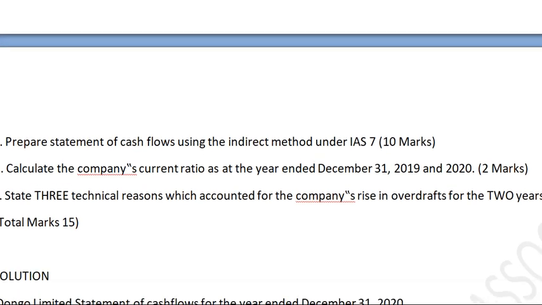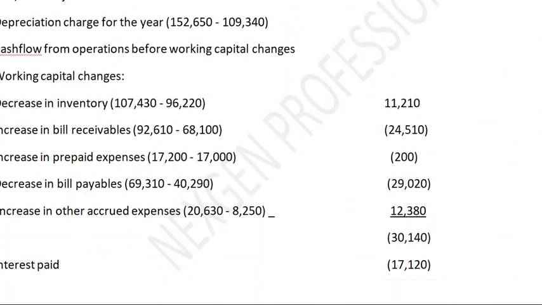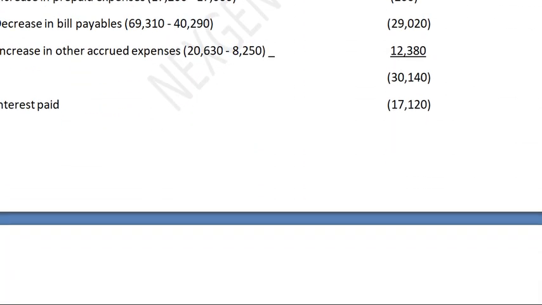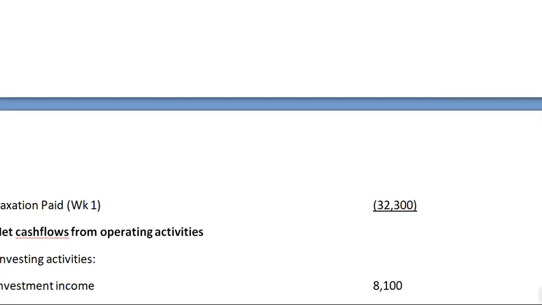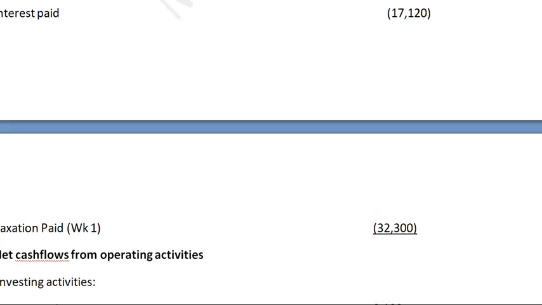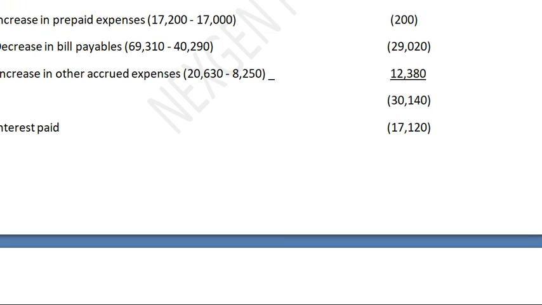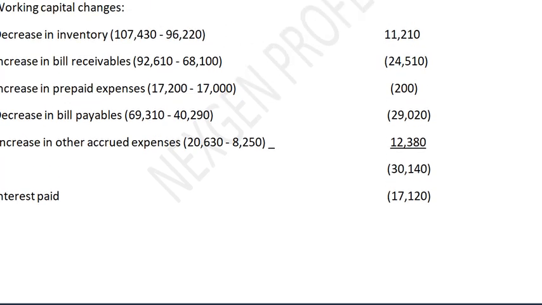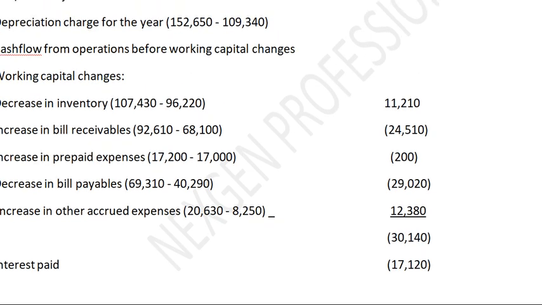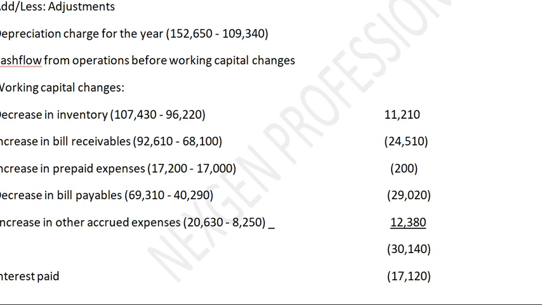So when you have this, what we have, interest paid, when you less all of these, you're going to have 75. Please let's add together. This is it. When we net off the decrease and the increase in the changes in working capital, we had 30,140.